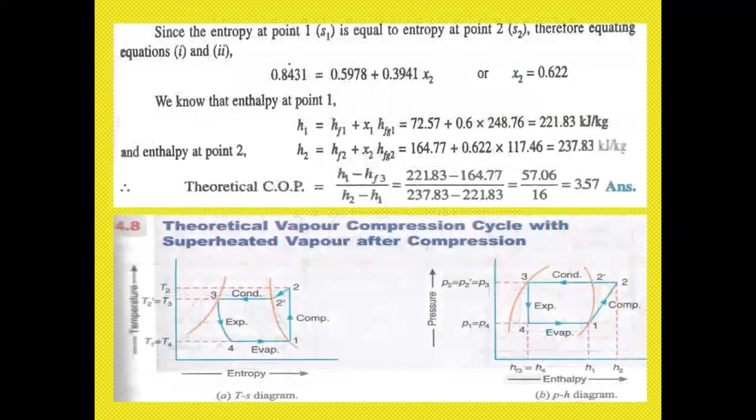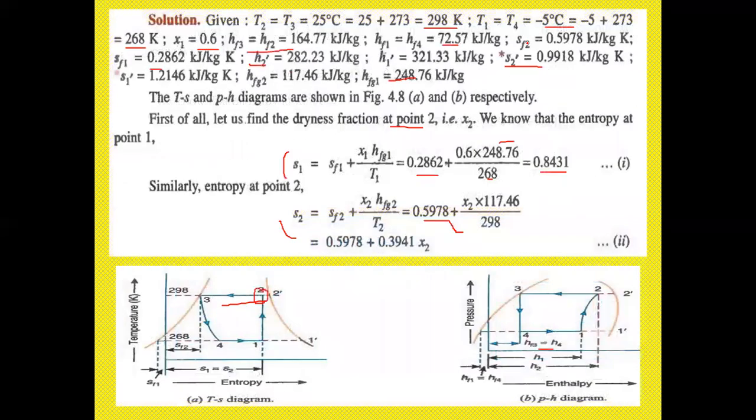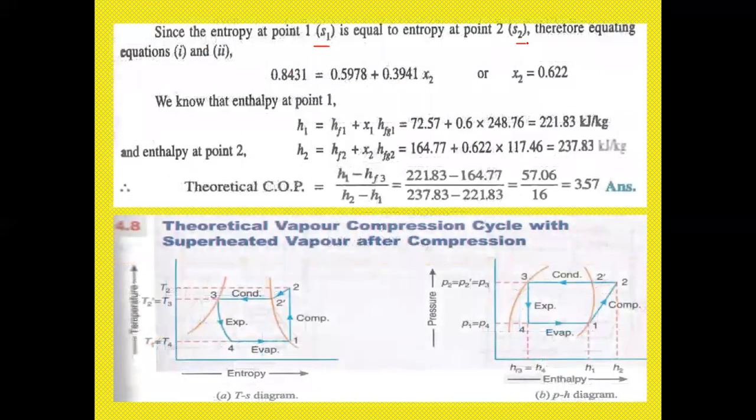Since the entropy at point 1 is equal to the entropy at point 2, equating these values, 0.8431 is equal to 0.5978 plus 0.3941 X2. Therefore the X2 value is equal to 0.622.